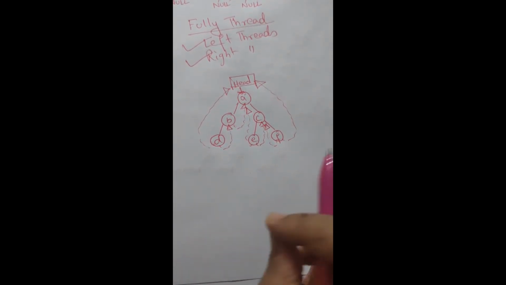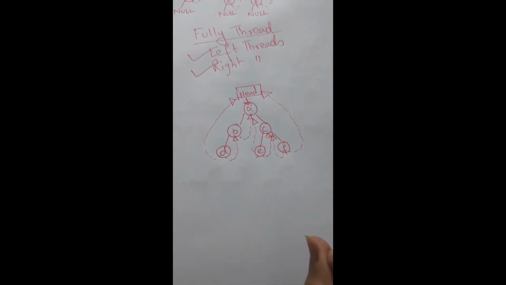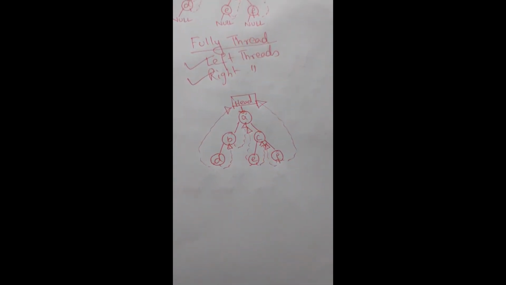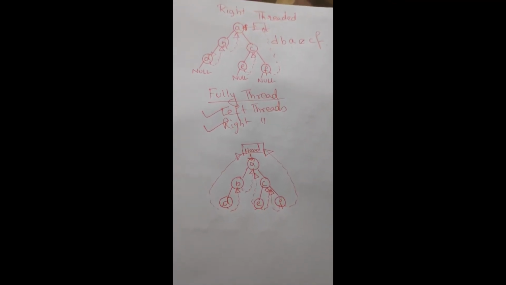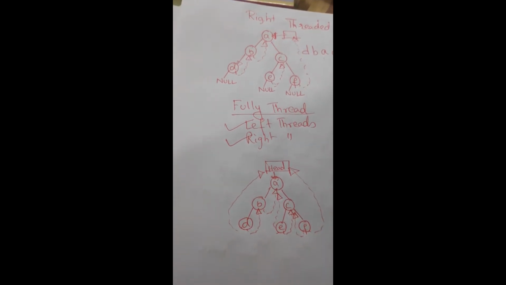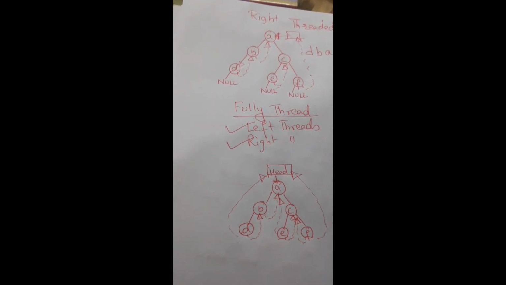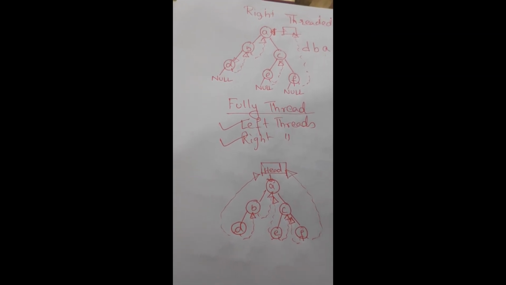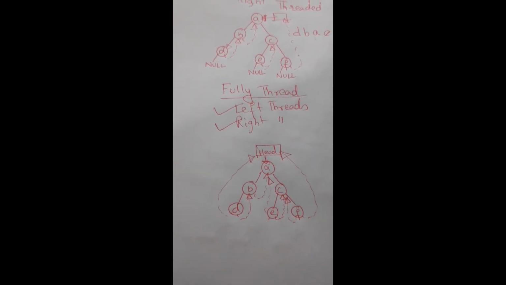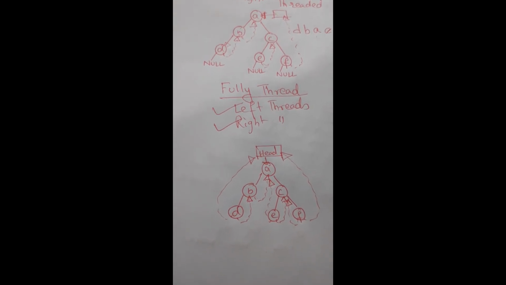So there won't be any null stored in any of the nodes. The storing of the null values will be eliminated, and you would be storing the address of some node or the other in the empty spaces.